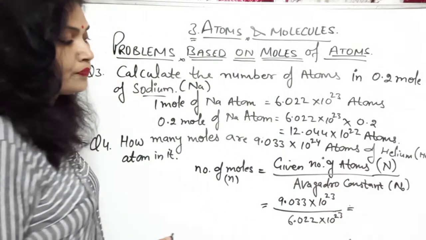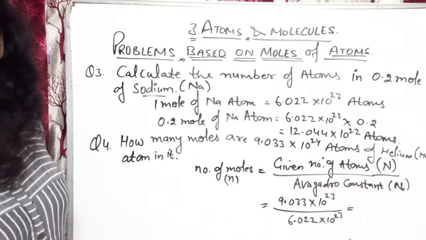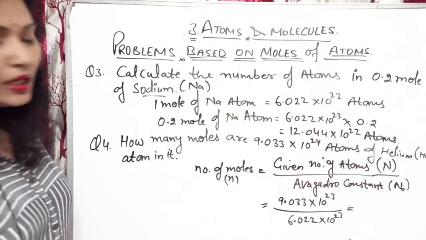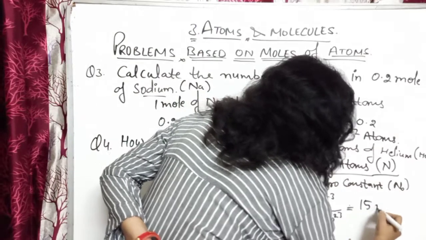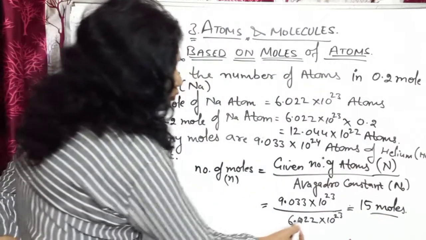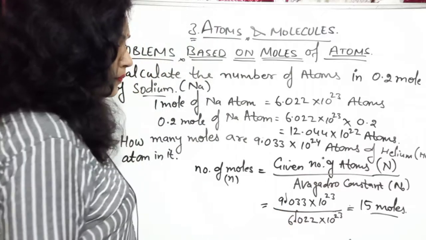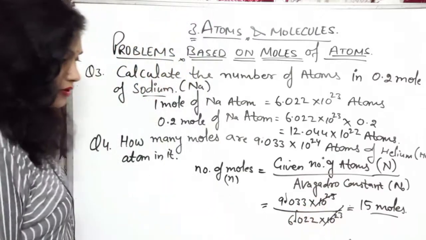Now we will get 15 moles. How can we get 15 moles? The powers of 10 can be cut.